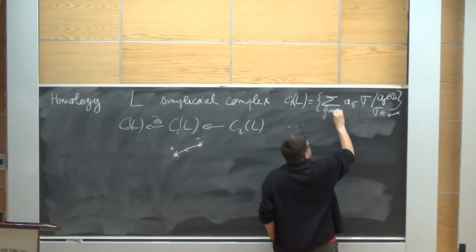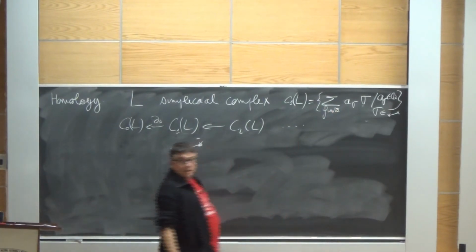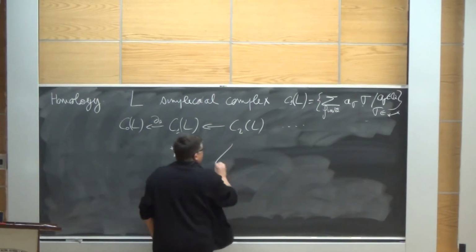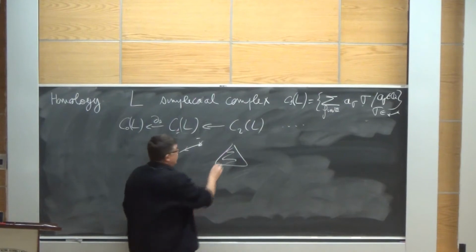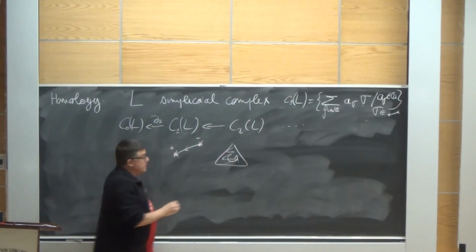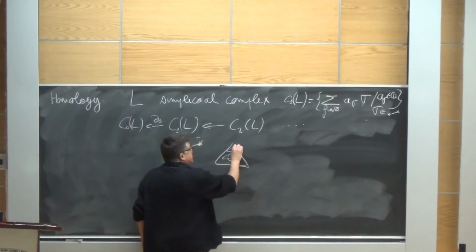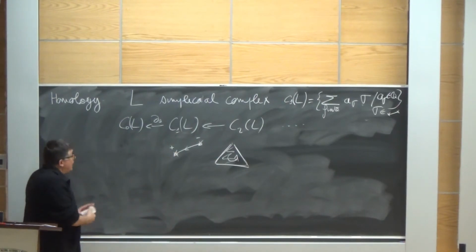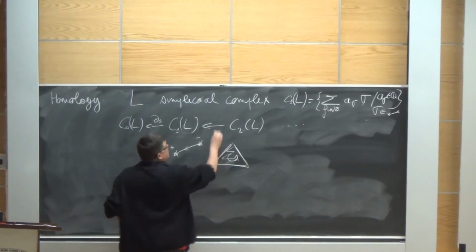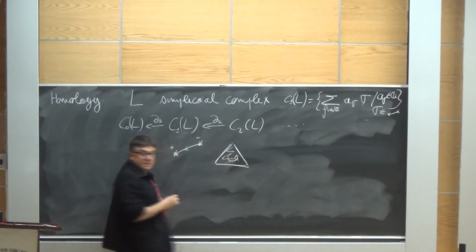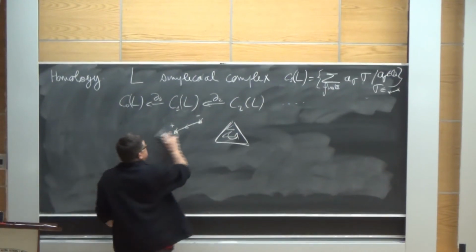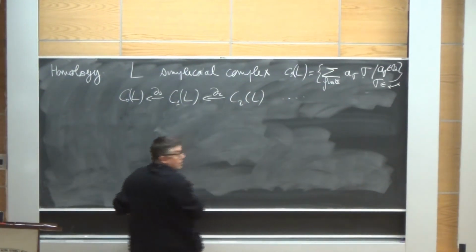And these are finite sums. Okay? So what is the boundary of a triangle like that? With orientation, this is just the sum of this edge plus that edge. Okay? So once the boundary maps are defined on the base, they are defined on the whole vector space, you extend by linearity. Okay?